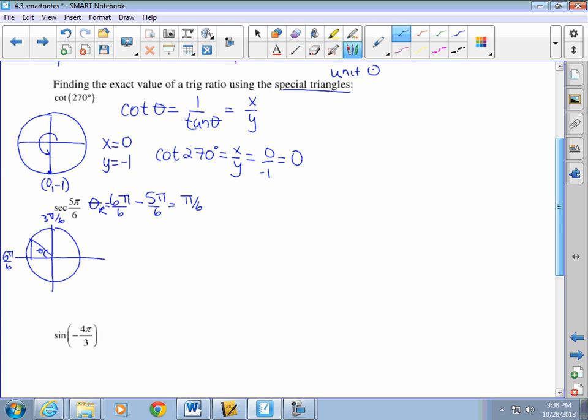So pi over 6, if I think about my special triangles, pi over 6 would be here, which is the same as my 30 degrees. Pi over 3 would be up here, which is the same as your 60 degrees, and then my 90-degree triangle.